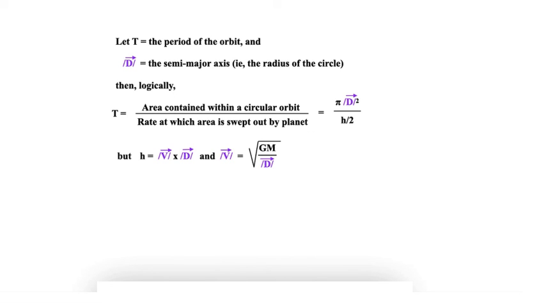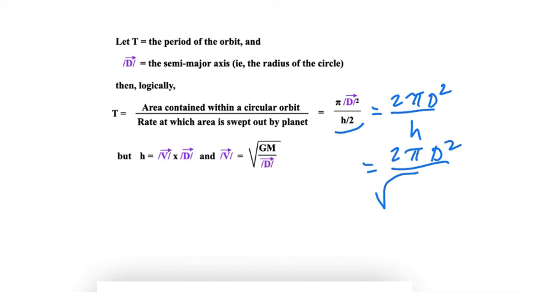And now we can do a little math magic. So let's say that t equals 2 pi d squared over h, or 2 pi d squared over square root of gm over d times d. And we can divide through by d over here.